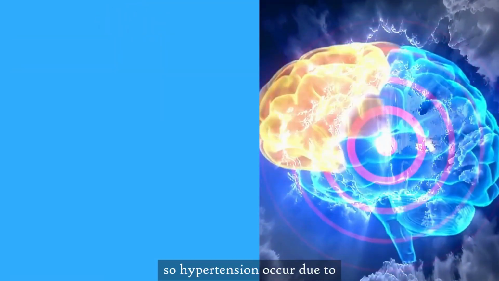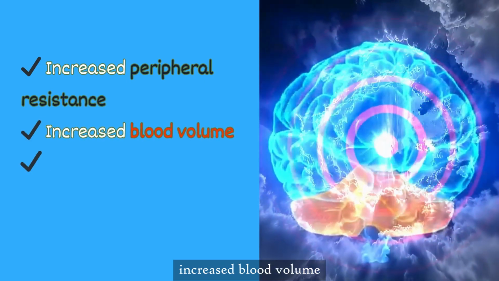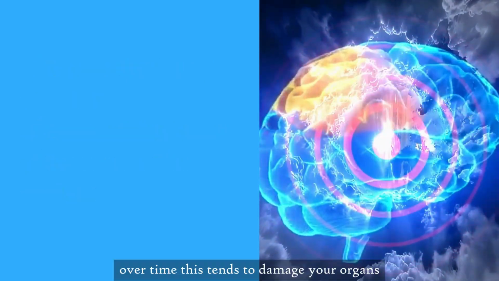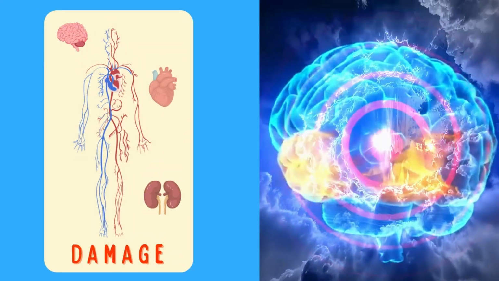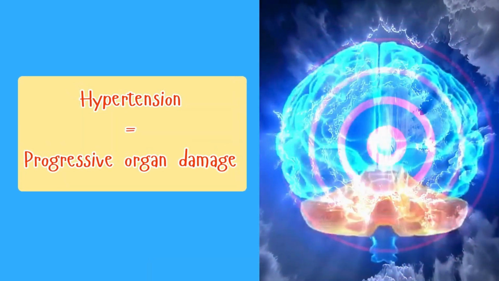So hypertension occurs due to increased peripheral resistance, increased blood volume, and also increased cardiac workload. Over time, this tends to damage the organs. Always take note, hypertension is not just high BP, it is progressive organ damage.